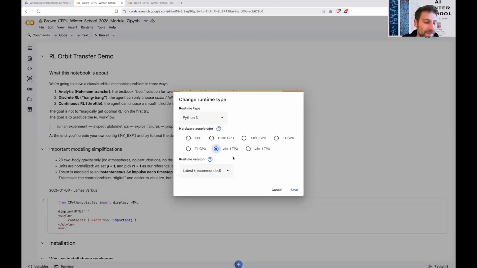I think due to the fact that these actually have better CPUs, since this is a CPU dominant task. But basically, if you have the option, that might get maybe a factor of 2 speed up compared to the CPU. So I'd suggest doing that. If not, CPU is fine as well.